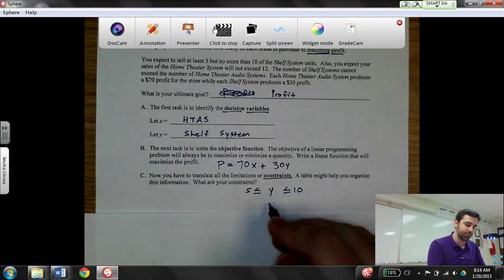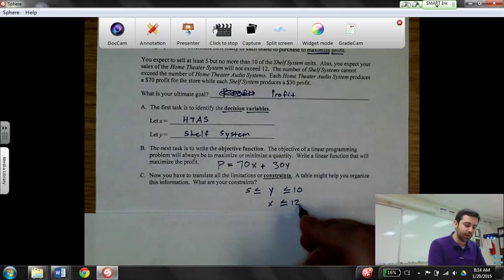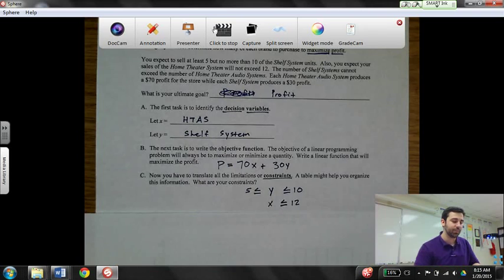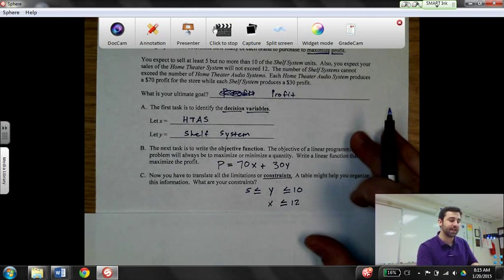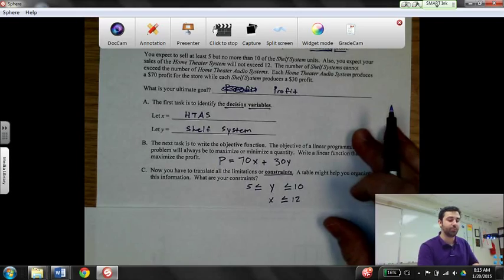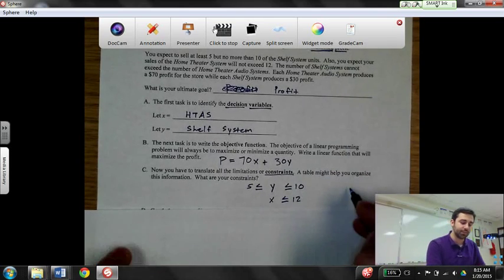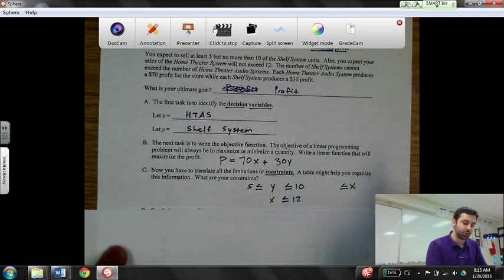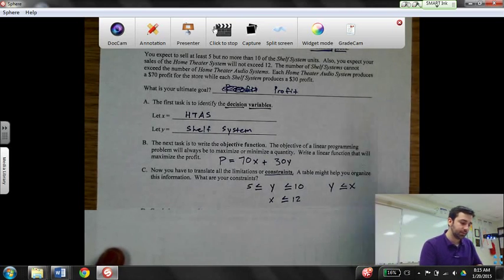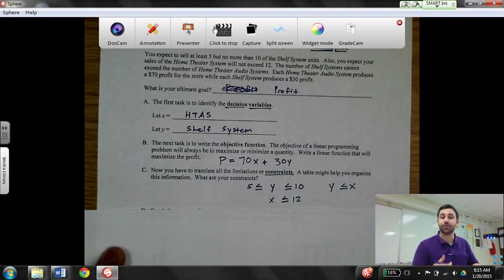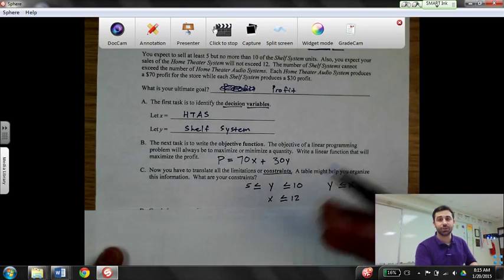So X for our home theater system is going to be less than or equal to 12, because it cannot exceed. The number of shelf systems cannot exceed the number of home theater systems. So what that's saying is home theater X must be greater than or equal to my shelf system Y. And that covers my constraints here.